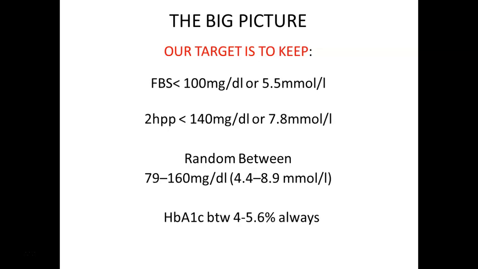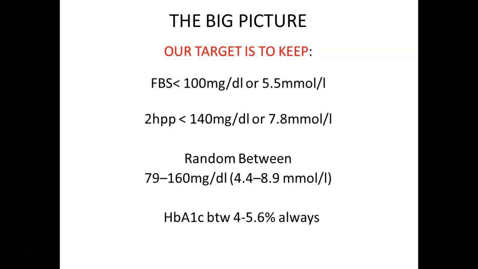So now this is our big picture. Our target is to keep fasting blood sugar less than 100 milligram per dL. That corresponds to less than 5 millimole per liter. Then for 2 hours after food, we want to keep it at 140 or less, and that corresponds to 7.8 millimole per liter.